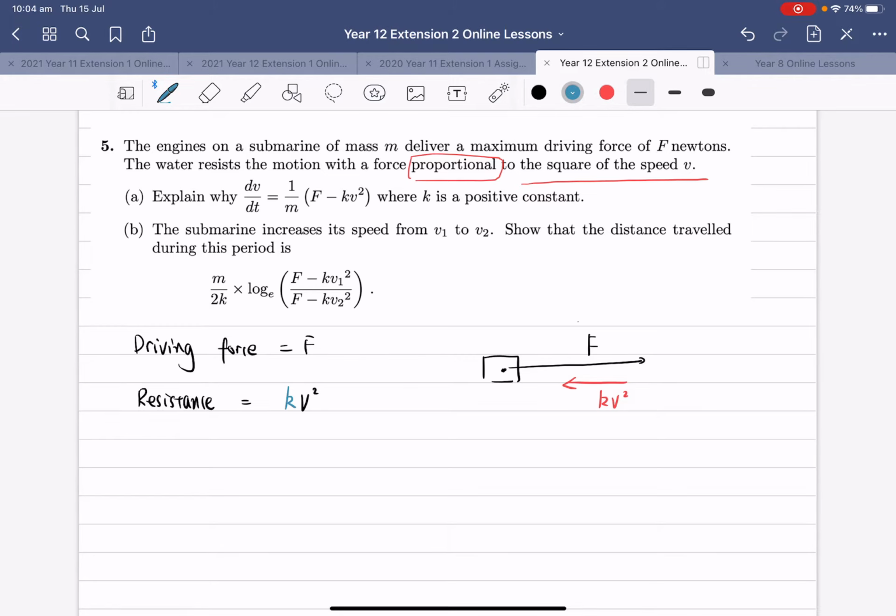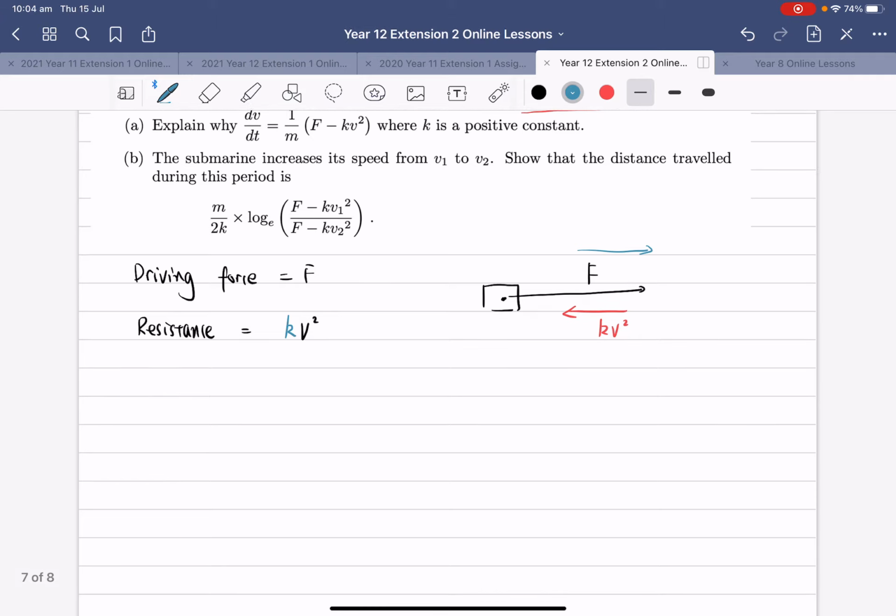That just means the resistive force is slightly smaller than the driving force. Otherwise, the submarine is not going to move towards the right. Instead, it will stop if both forces cancel out, or move to the left if the resistive force is greater than the driving force, which in reality is not possible, since if there's no force to the right, there's no resistive force to the left.